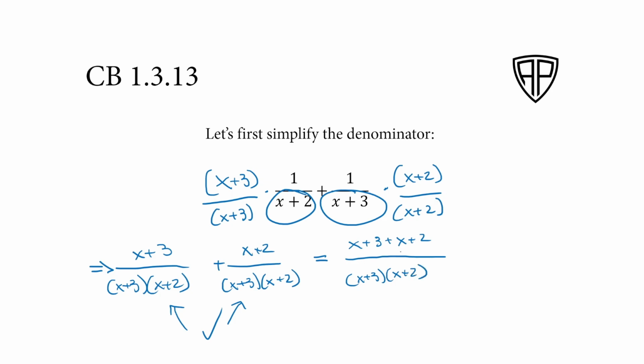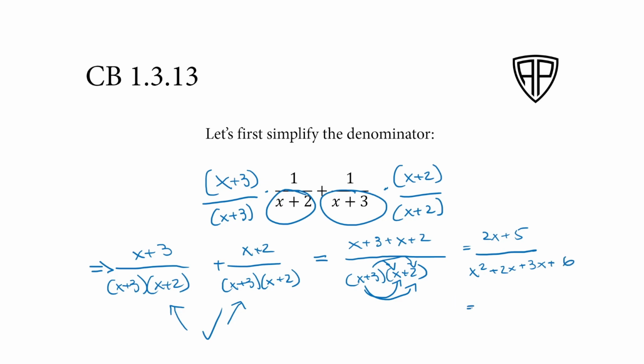If I add everything up in the numerator, I get 2x plus 5. And if I FOIL out the denominator, I end up with x times x, which is x squared, x times 2, which is 2x, 3 times x, which is 3x, and 3 times 2, which is 6.